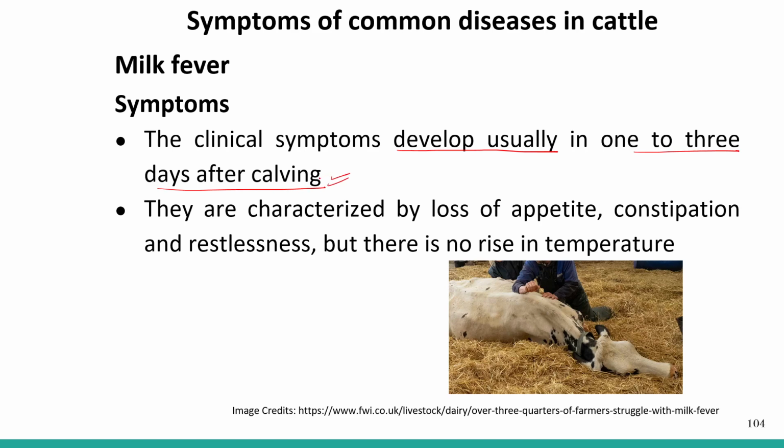So after the calving, there is a reduction in this particular calcium ion. They are characterized by loss of appetite, constipation, and restlessness, but there is no rise in temperature. So there is no fever, but there is a loss of appetite, which means the cow is not able to take food or intake food properly. Constipation is there and restlessness also.